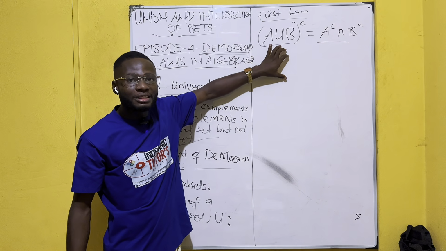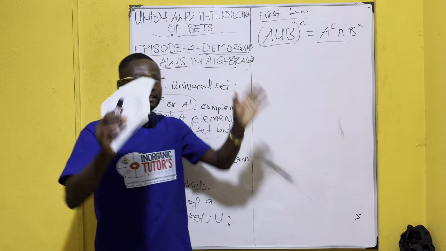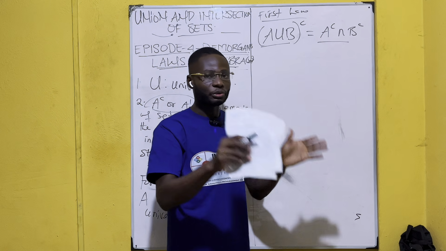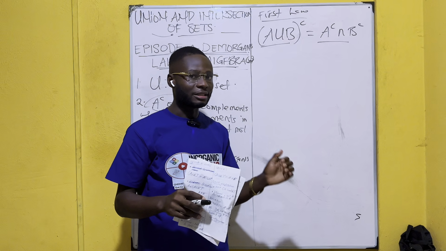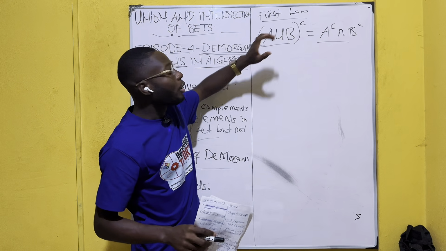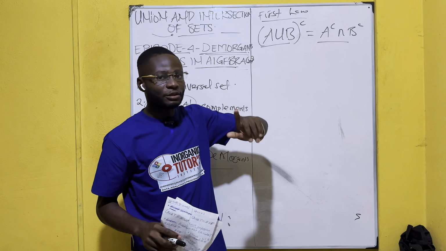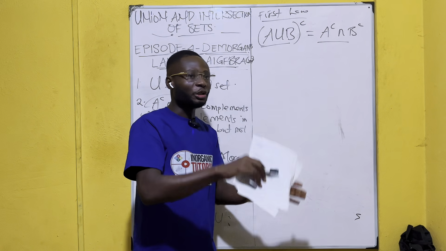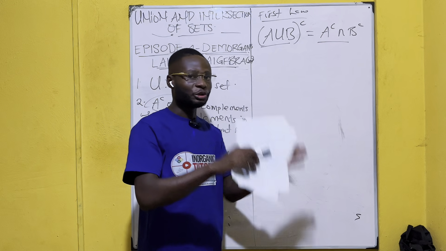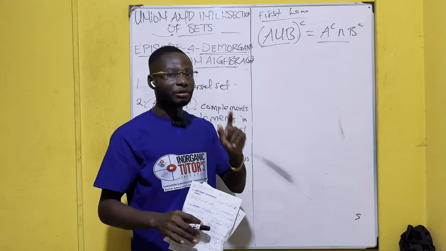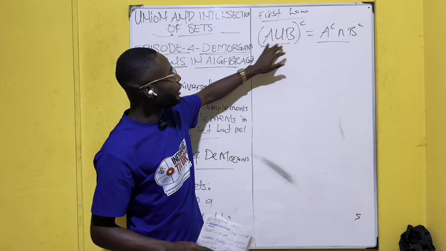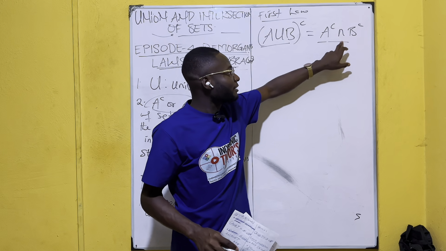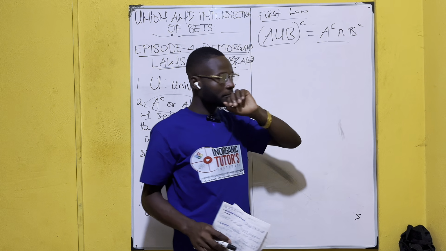If you use union, the other side will be intersection. When you split this, it becomes intersection. That is one of the main hearts of De Morgan's: switching from union to intersection, and from intersection to union. So the complement of A union B is equal to A complement intersection B complement.